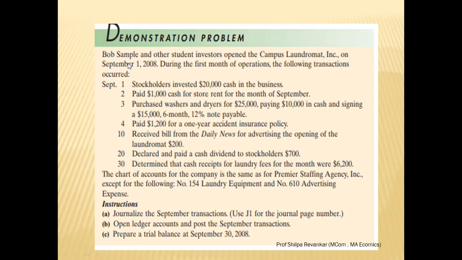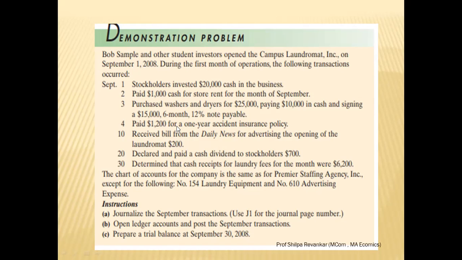There is a student named Bob who has opened a laundry in his university campus. He has invested 20,000 rupees. Then he has paid 1,000 rent on 2nd September, purchased some equipment with some amount of cash and some amount of loan.